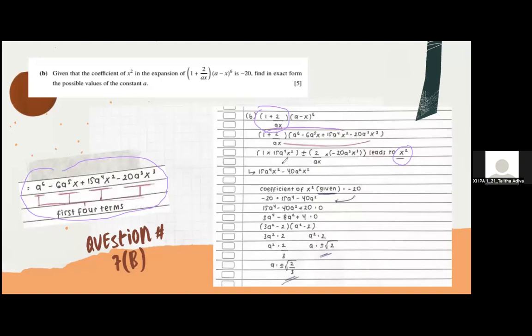So we got this result. And then for the next step, we can find the values of the constant a from the given coefficient of x squared, which is -20. And we can use this equation.